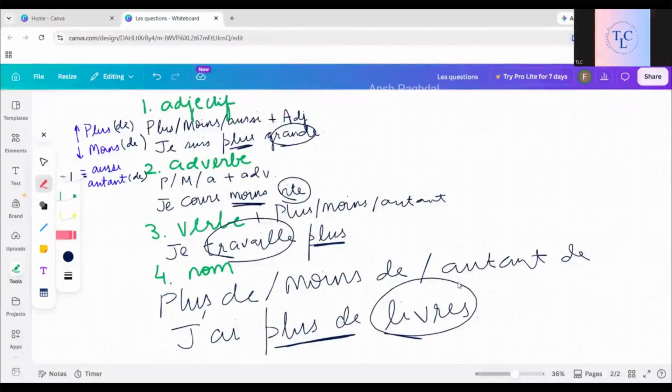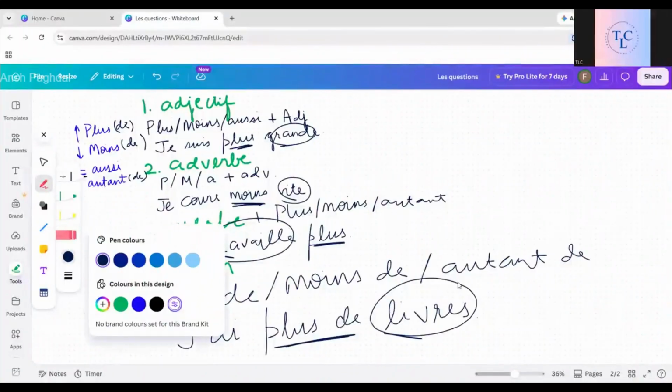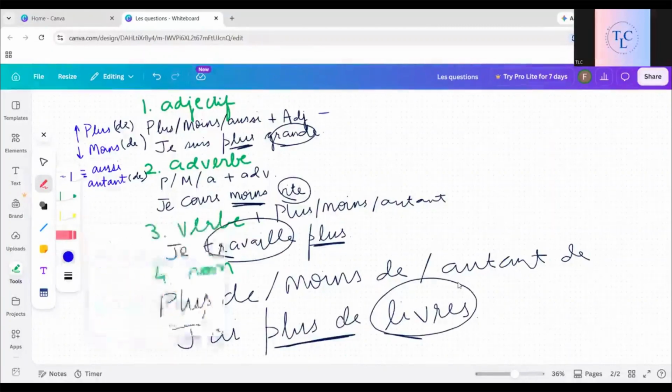But if I want to compare it with another element, for example, I'm comparing myself, but to whom? I'm comparing myself with a friend, with another person. So we have an element that is que. Then we add que after it. Que is than.